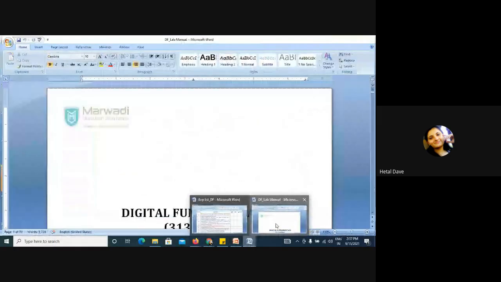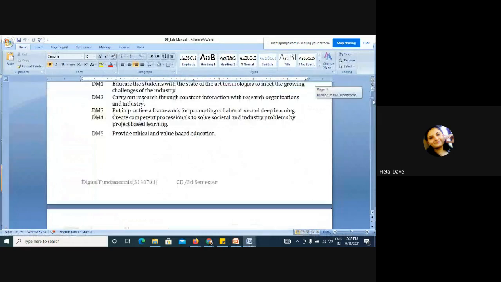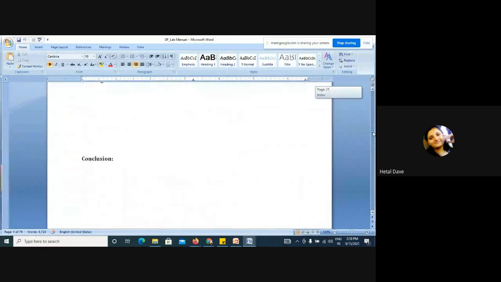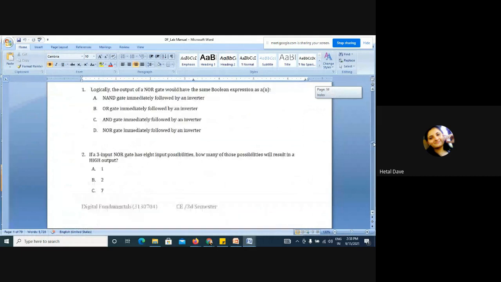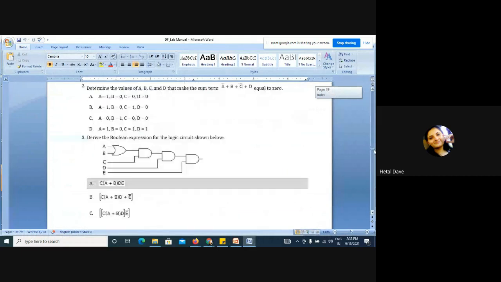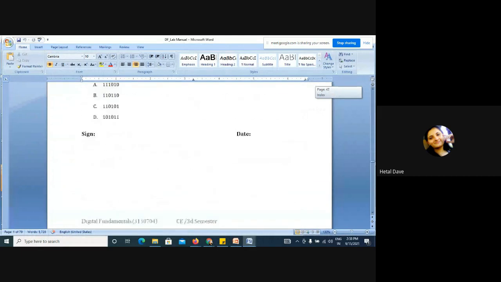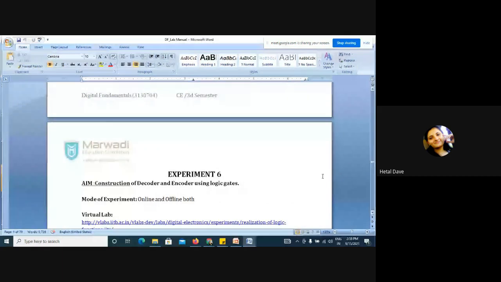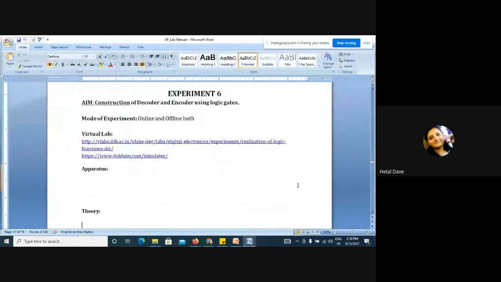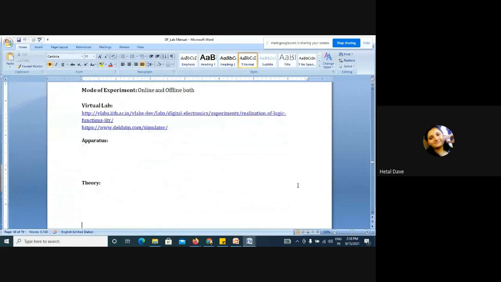I would like to open your lab manual once so I can explain how it will be prepared. I have opened a Word document. This is for experiment 6, decoder and encoder. Apparatus means which logical circuit or IC you are going to use: digital IC trainer kit, wires.